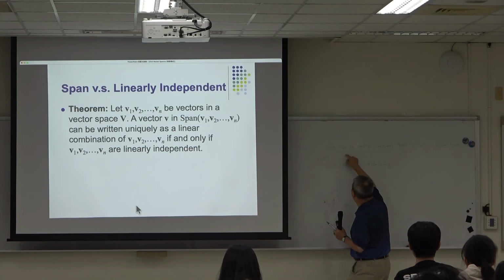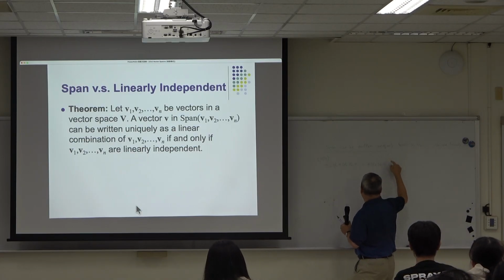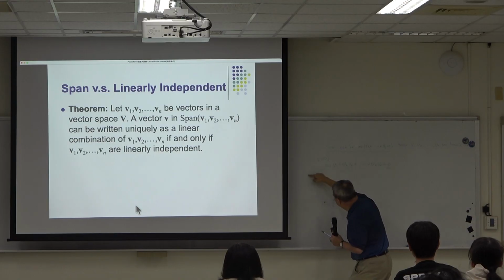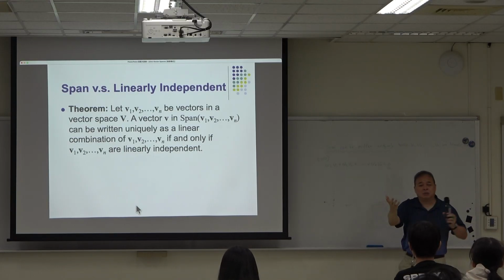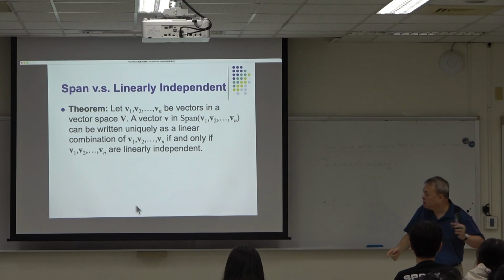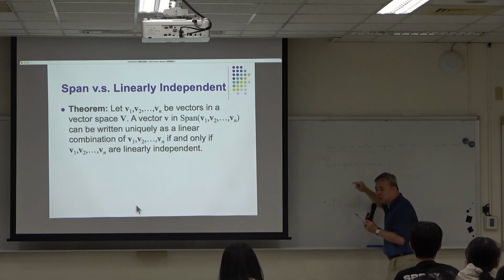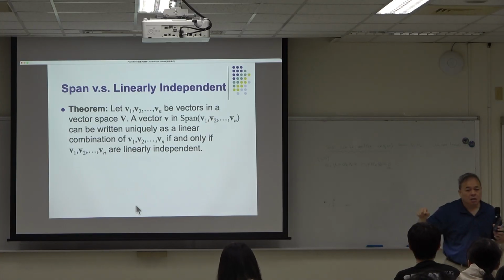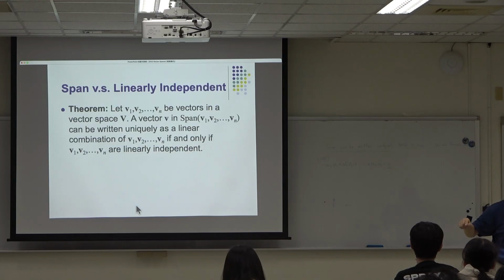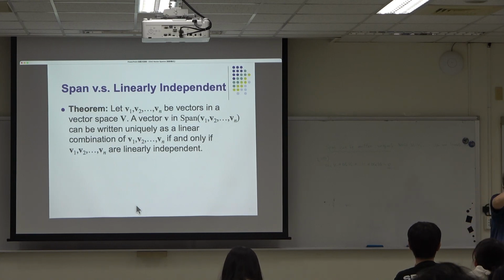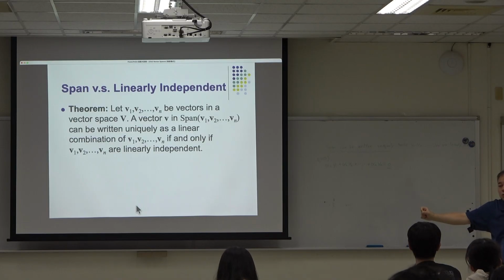Otherwise, it's no longer unique, right? And obviously, assigning every alpha i to be 0 is one solution. Is that right?